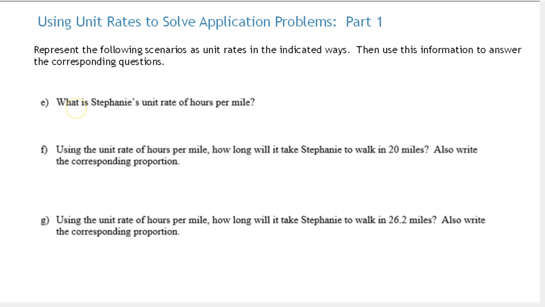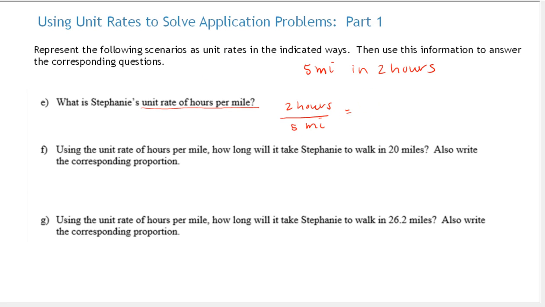Now we're going to look at this another way to solve other types of problems. So what is Stephanie's unit rate of hours per mile? So we were told that she could go 5 miles in 2 hours. So to write a unit rate of hours per mile, our hours goes in the numerator and our miles goes in the denominator.